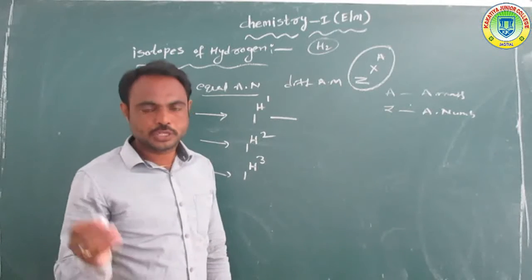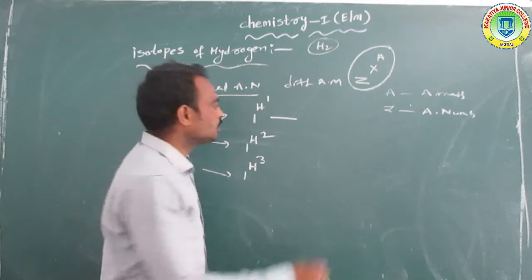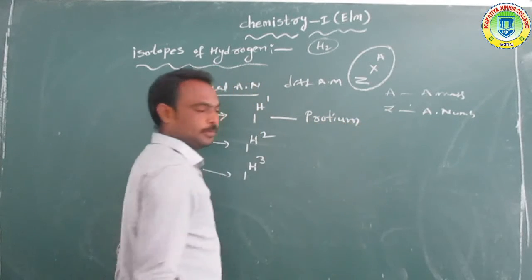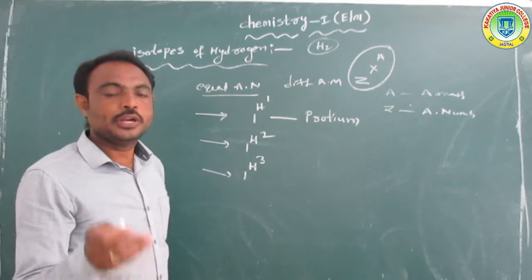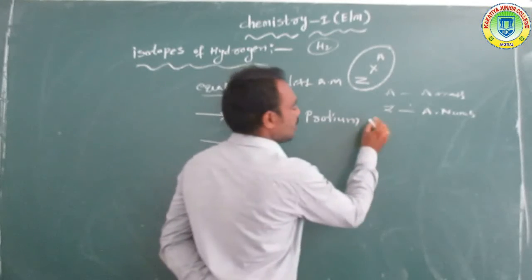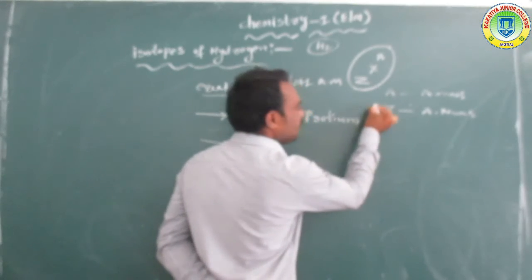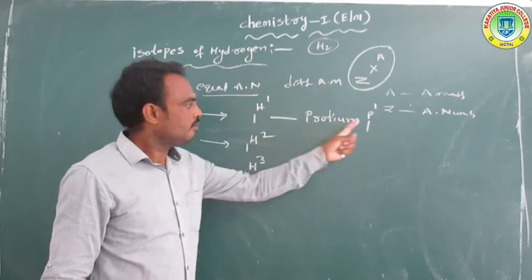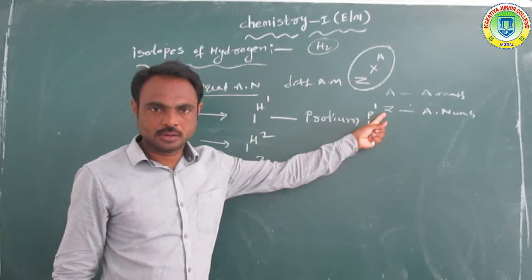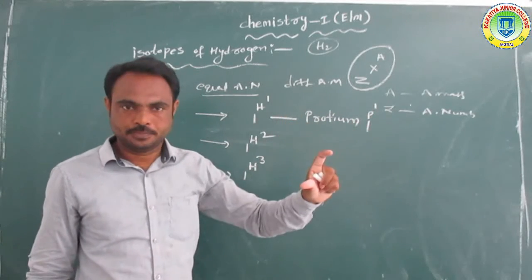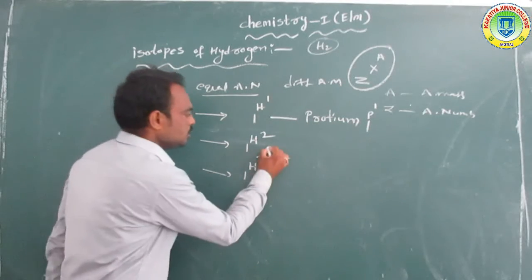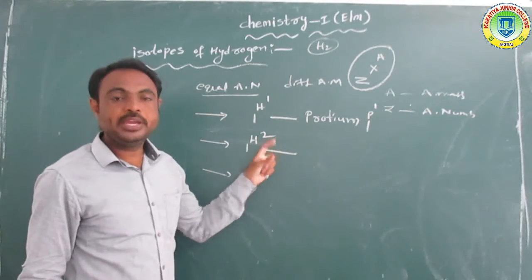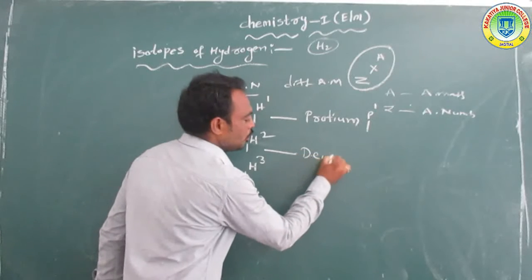1H1 is a hydrogen isotope. It is also called protium, and it is indicated with 1H1 or 1P1, meaning protium. Next, the second one, 1H2, is deuterium.